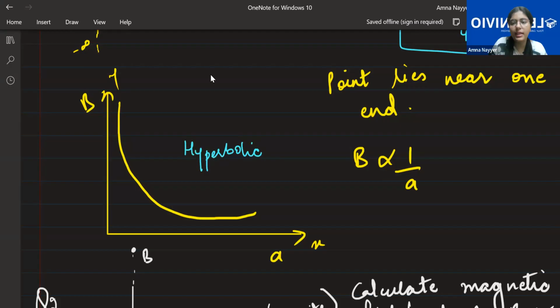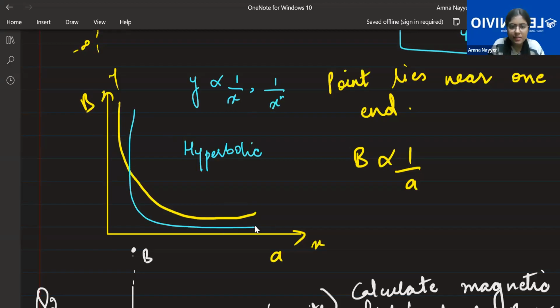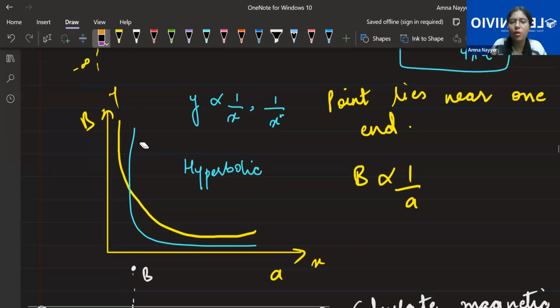Whenever you have two things inversely proportional, y is inversely proportional to x, or in fact x to the power n, anything, the graph will be a hyperbolic graph. It just depends on the power of n. If x is to the power 1, the graph will be like this. If x's power is increasing, x to the power 4, 1 by x to the power 5 something, the graph just becomes steeper like this. This is the difference, but the graph's nature will always remain hyperbolic.